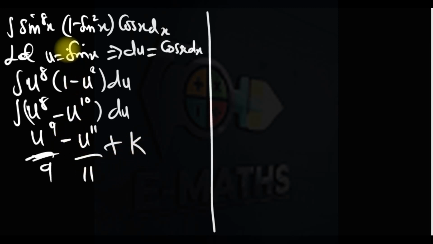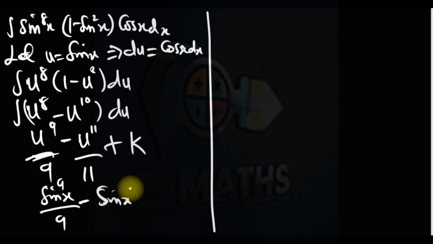But remember, we say u is what? Sine x. So this is now sine x raised to power 9 over 9 minus sine x raised to power 11 over 11 plus k. So that's a nice question. So let's finish up the second one.